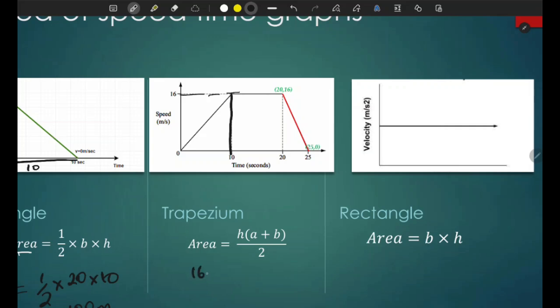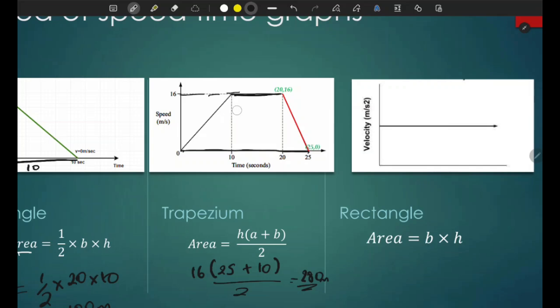So it's 16 times the first base, let's say the lower one, from 0 to 25, so 25, plus the other base, the top one, between 10 and 20, so that distance is 10, and then over 2. So 25 plus 10 times 16 over 2 gives us 280. So the distance traveled is 280 meters.